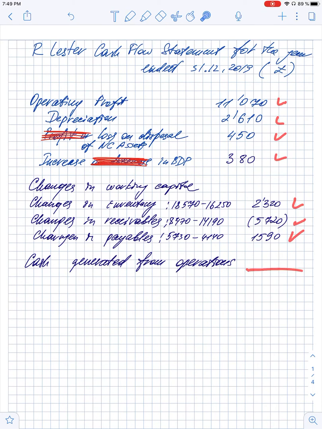And here we would have cash generated from operations, 12,700. We can say that that is positive cash. That means that our operations, our main activity, generate cash, which is good, basically.